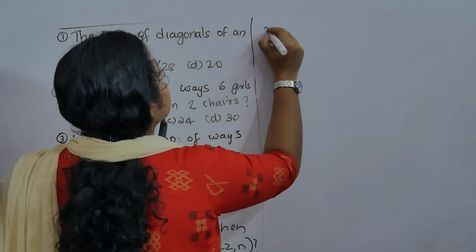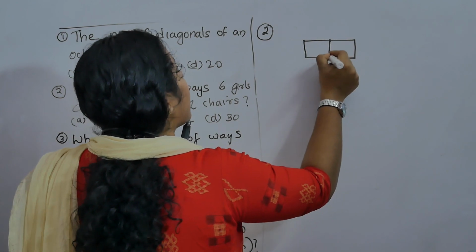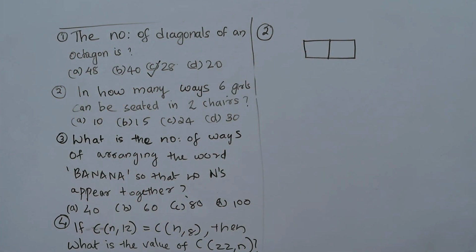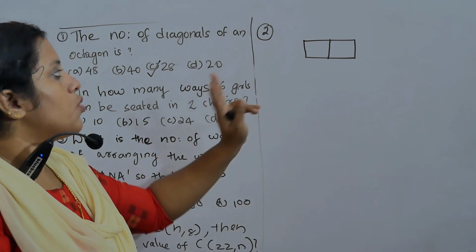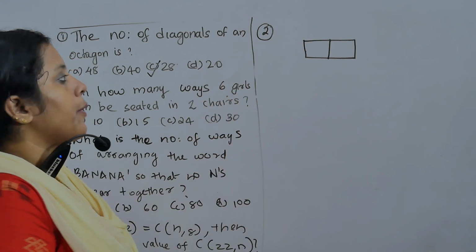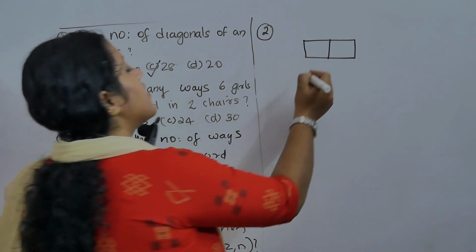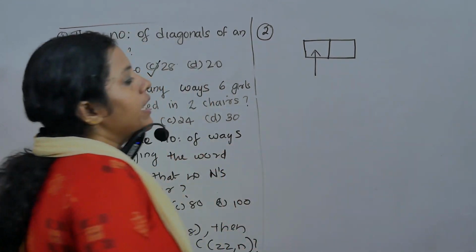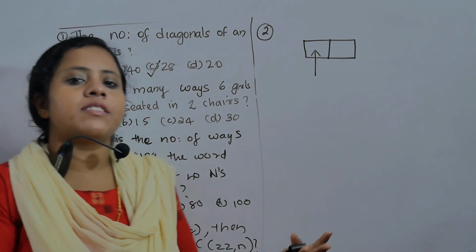Just consider we have got 2 chairs and 6 girls. In how many ways can we do it? See, this is a chair. In how many ways can girls sit in that?